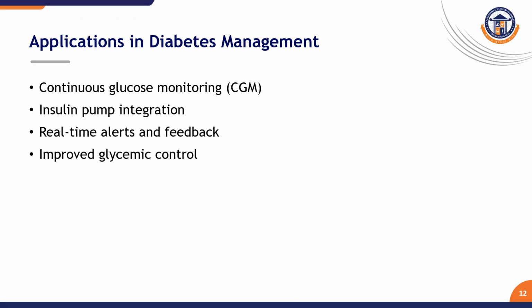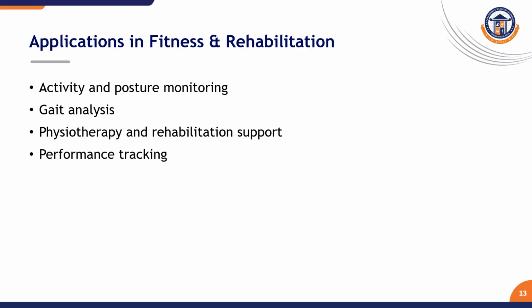For diabetes management, the glucose of the patient is continuously monitored, insulin pump integration with the diabetes management system is possible, and real-time alerts and feedback systems can be provided using data acquisition from sensors. Improved glycemic control can also be achieved.